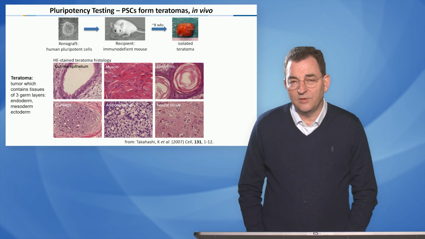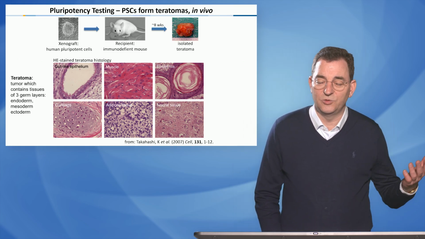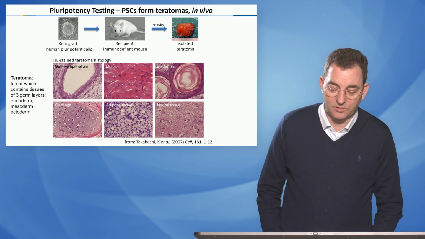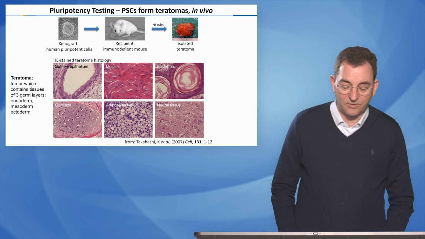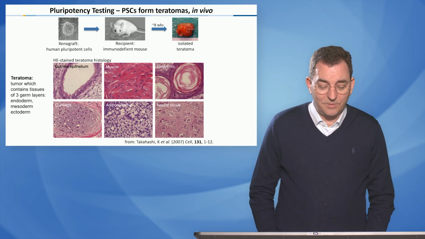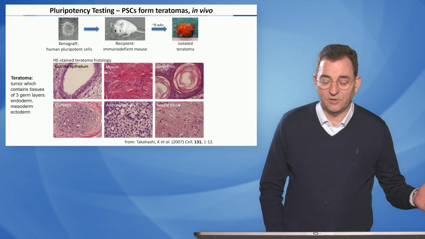But there are other means to test whether you have pluripotency or not, because you can't generate an animal all the time. It's, of course, for a number of reasons which I think everybody understands. Also animal protection, of course. So what pluripotent stem cells do, as I said before, they can differentiate towards all cells of the body.